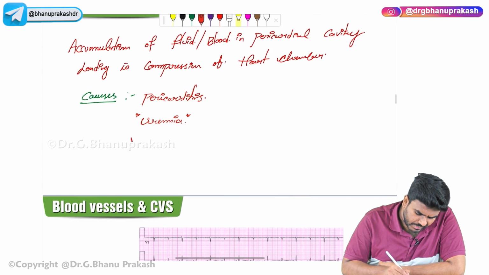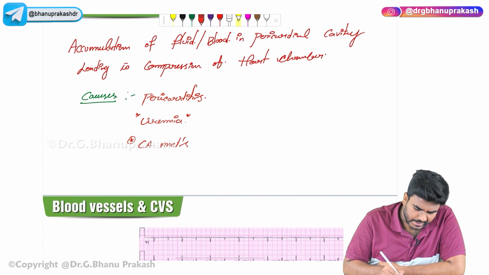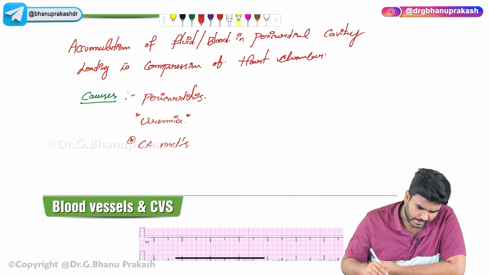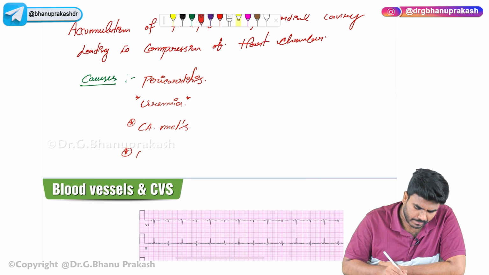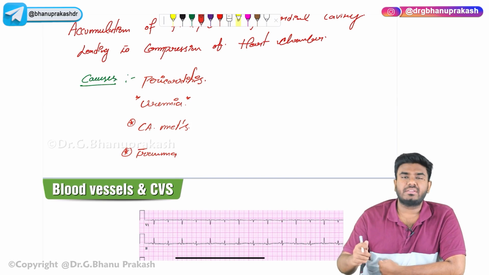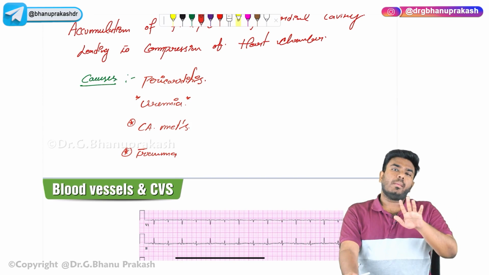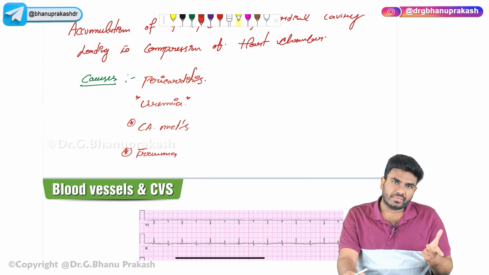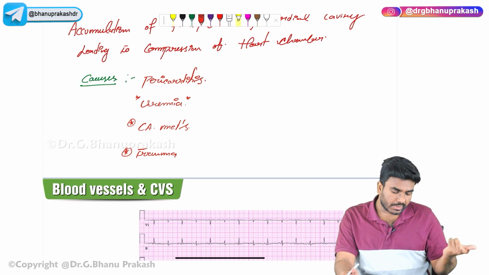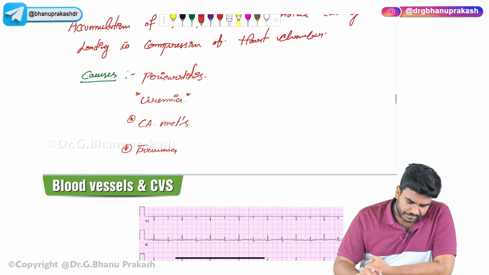And metastasis, cancer metastasis, can lead to tamponade, or trauma. For example, as I have already given you, whenever there is a direct trauma, or post myocardial infarction there is a rupture of the myocardium or the heart chamber, it can lead to pericardial tamponade.